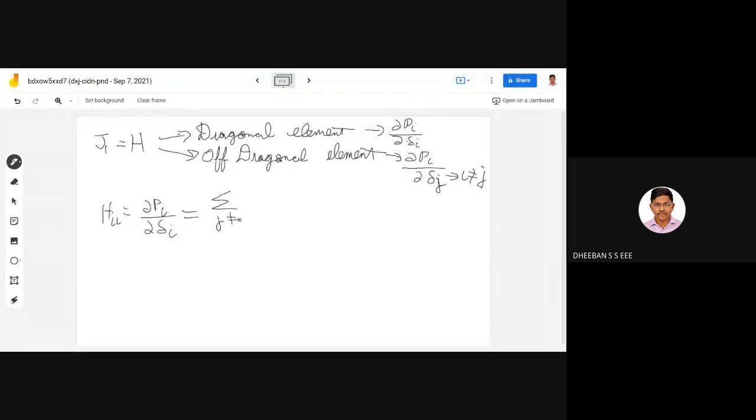Here j will not be equal to i since it is a diagonal element.